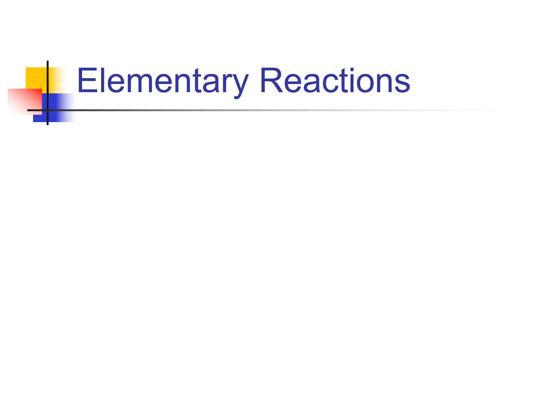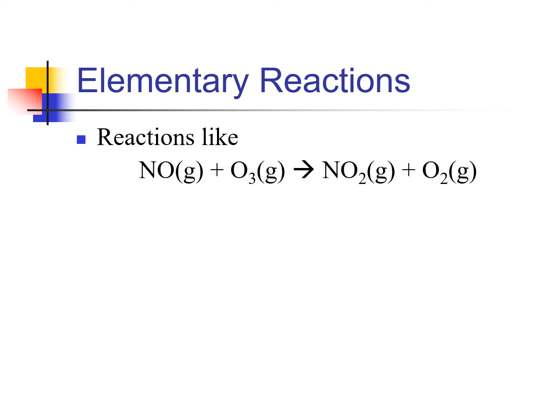Now, the heart of reaction mechanisms are what we call elementary reactions. So let's say this reaction here is an elementary reaction. By the way, do not assume a reaction is elementary unless you are told so. I am saying, let's say this is an elementary reaction.